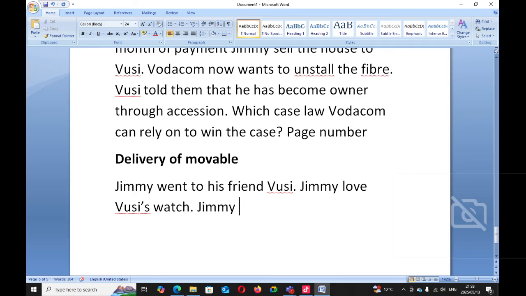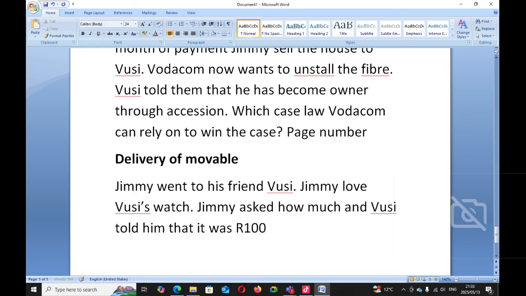Jimmy asked how much, and Vusi told him that it was 1,000, and Jimmy immediately paid.